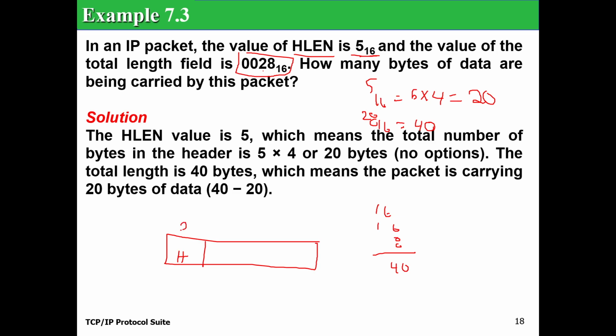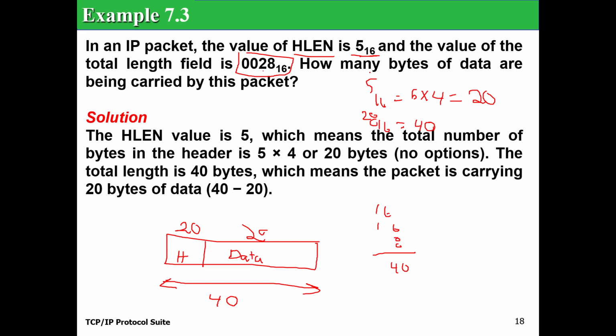We are telling you the header is 20, and the whole thing from here to here is 40. So how much is the data in here? 20. 20 plus 20 gives you 40.